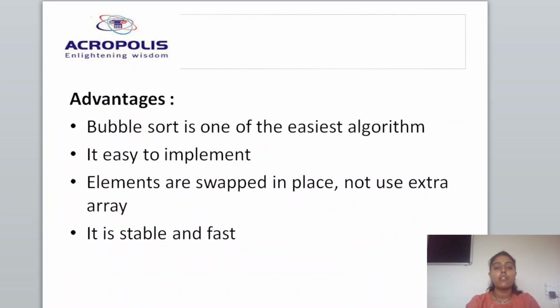Now we have to discuss the advantages and disadvantages of bubble sort. The advantages are: first, bubble sort is one of the easiest algorithms, very easy compared to other algorithms. It is easy to implement as compared to other sorting algorithms.